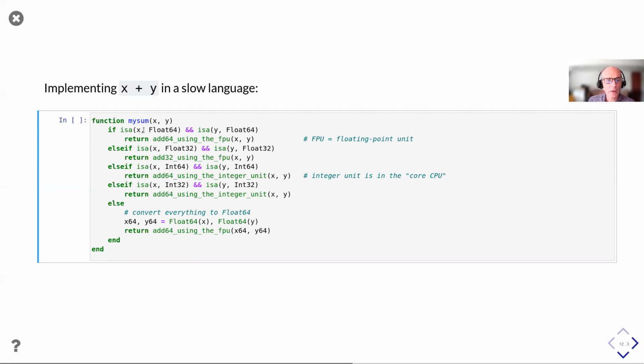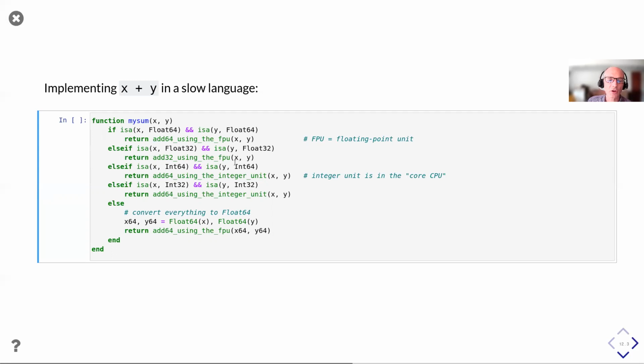Basically, ask: if they're both 64-bit floating point numbers, you add them together using a particular routine that essentially just calls instructions that execute on the so-called floating point unit on the computer. If they're 32-bit floating point numbers, you do the same, except you use the 32-bit equivalents, because those bits are different from the 64-bit ones.